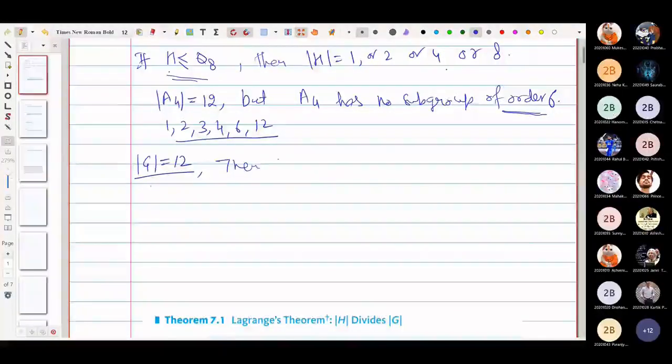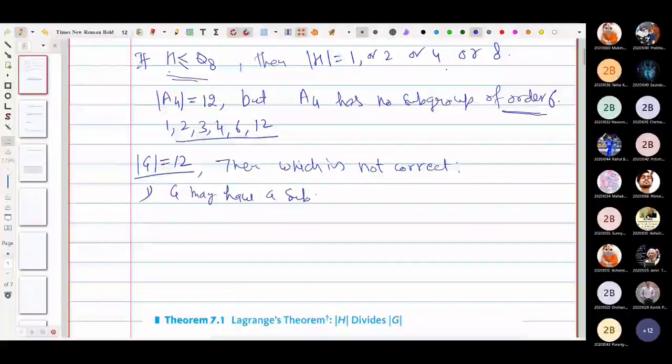First, G may have a subgroup of order 1.